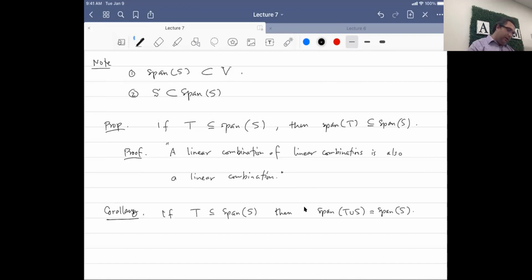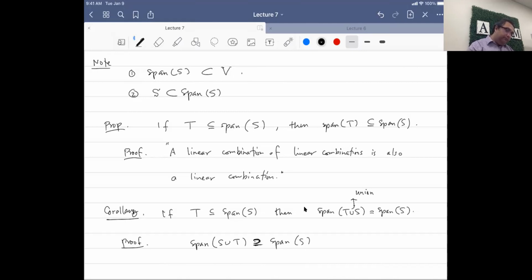So why do we have that? Again, the proof is easy. It just follows from the definition. From the previous proposition, it's clear that the span of S union T, where this notation is union, contains the span of S. This is an inclusion.